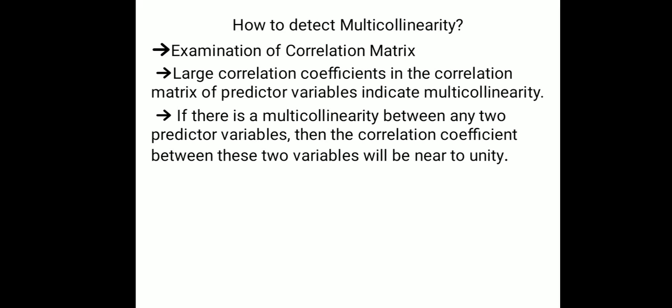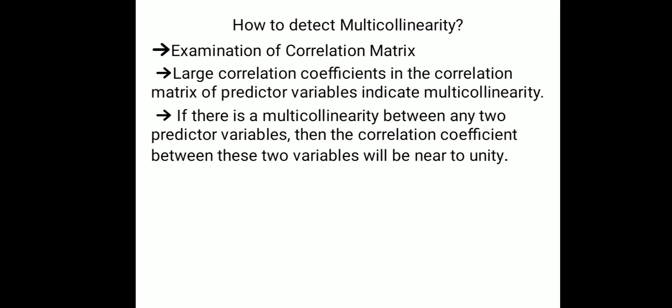There we use the linear combination of beta 2 and beta 3. How to do that? Let us see. How to detect multicollinearity? Examine the correlation matrix. As I had given an example with three variables, x1, x2 and x3, see how they are correlated.